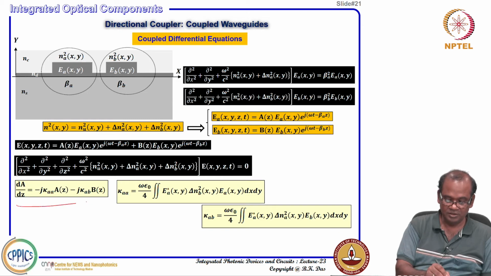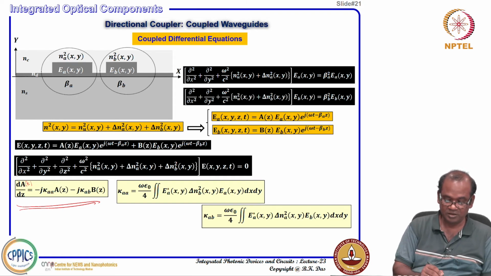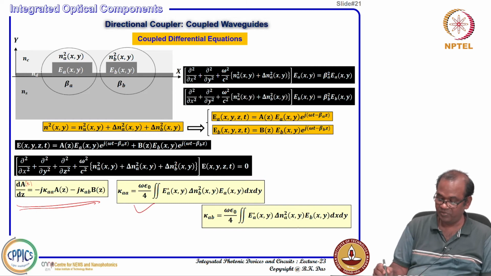You see, this is kappa AA A(z), kappa AB B(z). That means I have related a coupled equation to the amplitude of waveguide A. Obviously this is a function of z, right, and kappa AA is defined like that, kappa AB is defined like that.